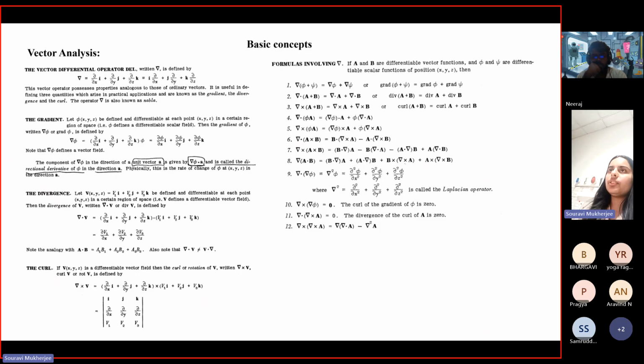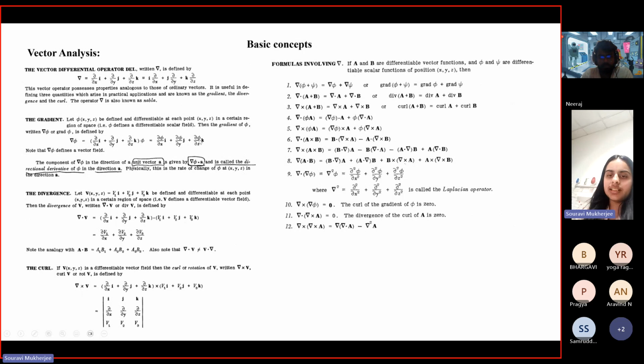Suppose you have a scalar field and you apply this operator on this scalar, what you end up getting is a new vector. If phi is your scalar field, then when you apply the del operator on phi, what you get is the gradient of phi. Now, what does this quantity tell us?